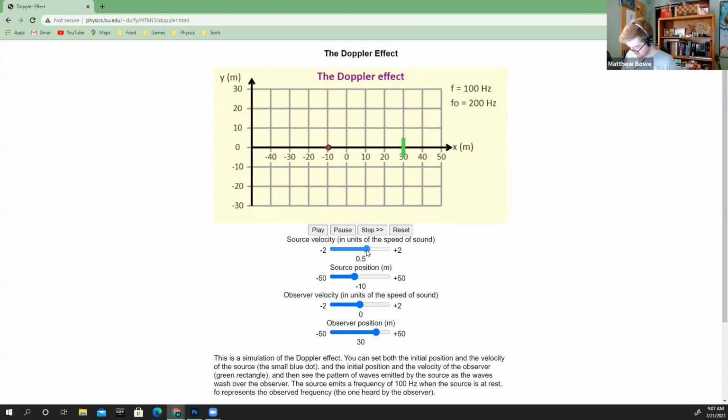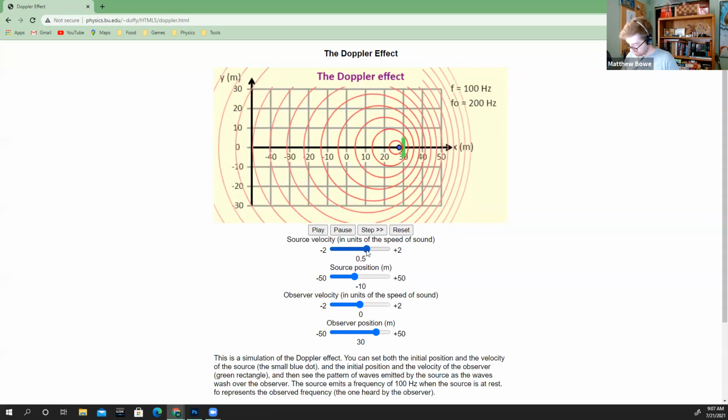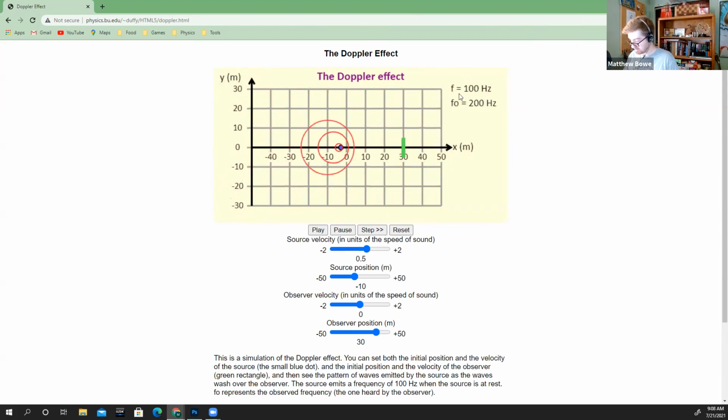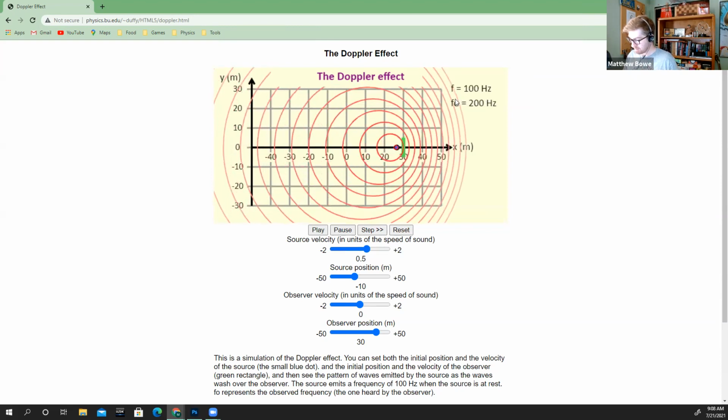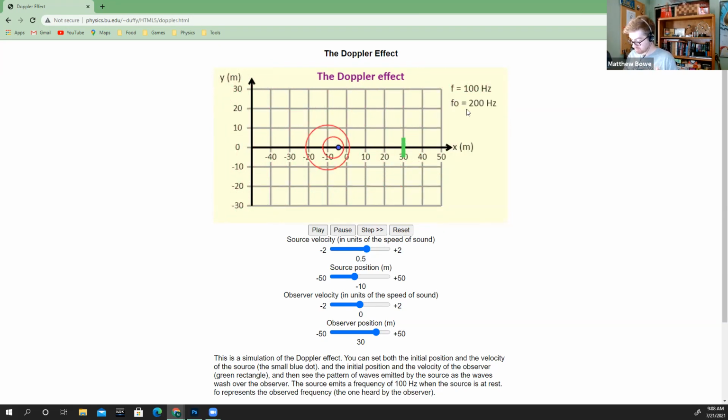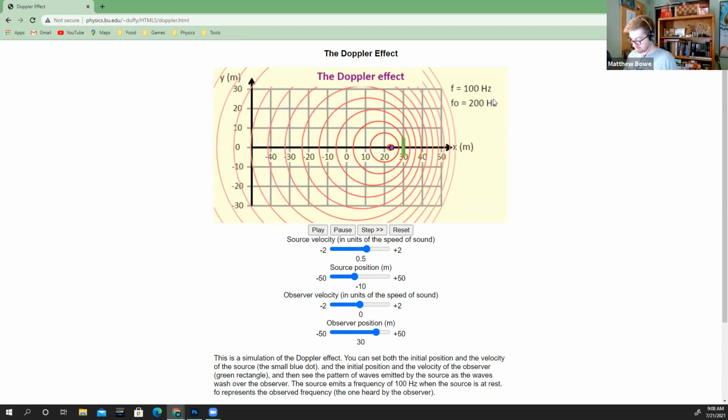Make it just a bit less dramatic. There we go. If you can see this neat simulation, it shows the frequency experienced by the observer right here. As the source passes by, the frequency received is different.